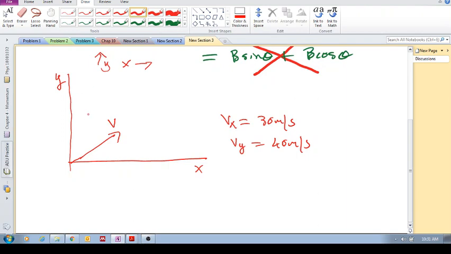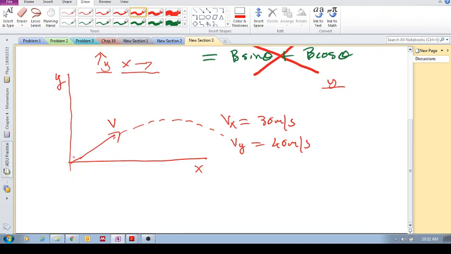I'm not going to go over all those equations again, but you need to break it up into x and y, and you need to understand what's happening in the x direction and what's happening in the y direction. For example, in the y direction, this projectile is going to move something like that, right?